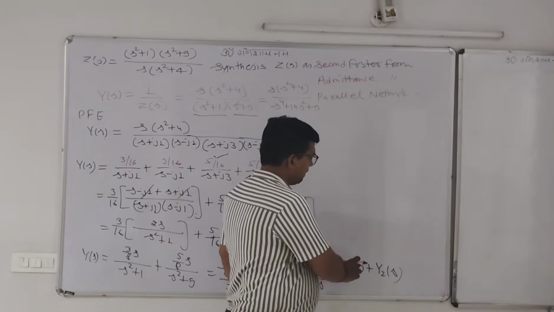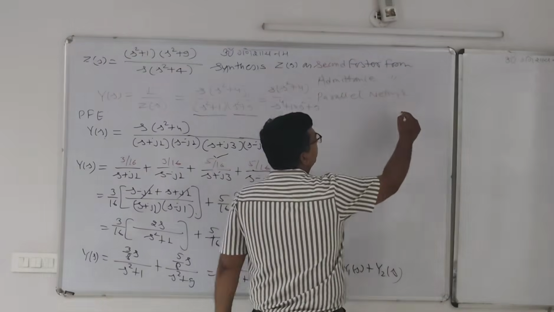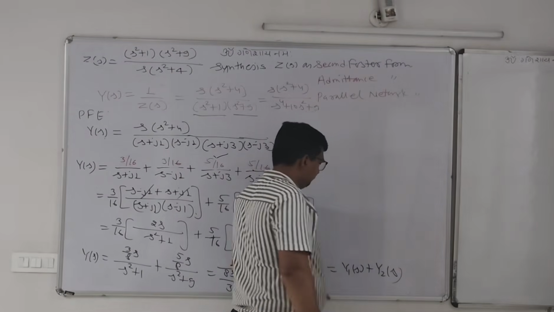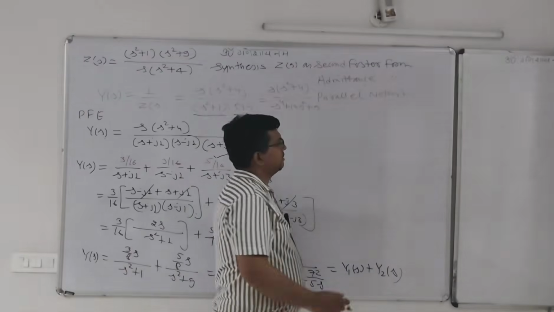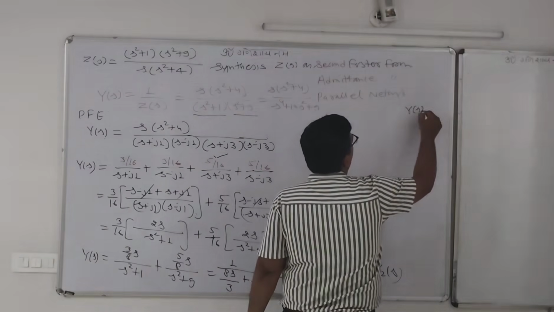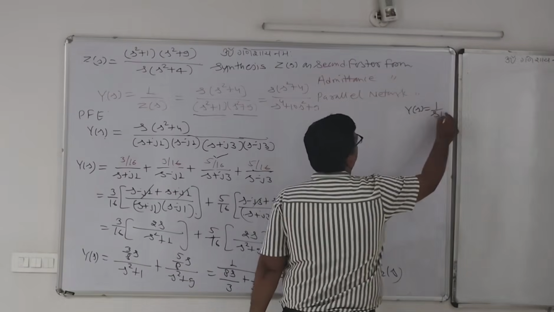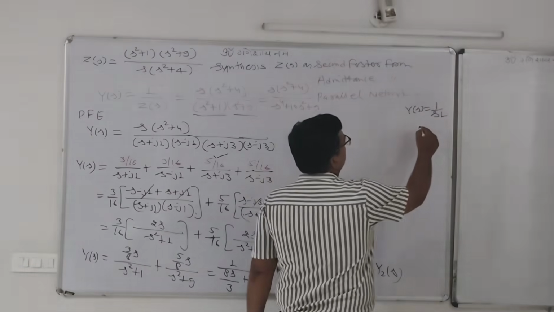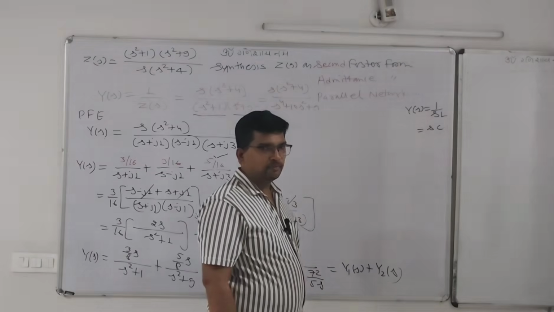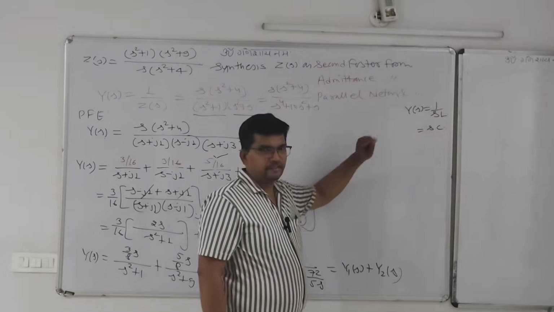Now before synthesizing the network, we will first determine the admittance of sL. For example, the admittance of the inductor is 1 upon sL. Similarly, the admittance of the capacitor is sC, because it is just the reverse of the impedance.